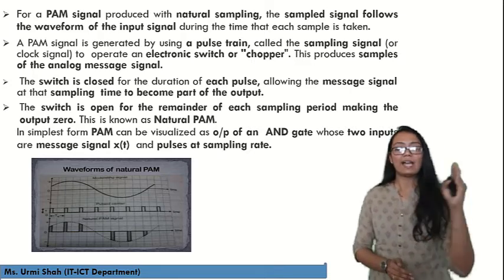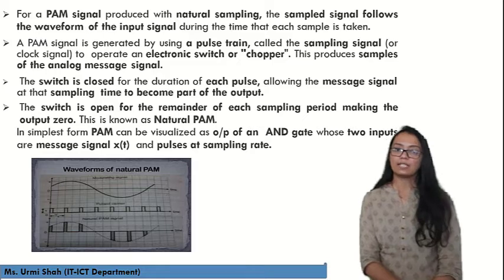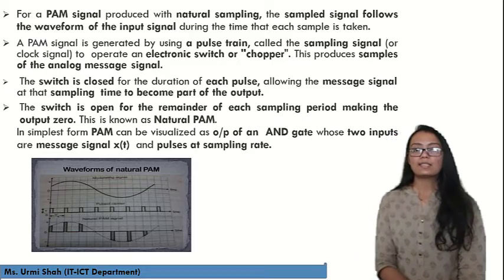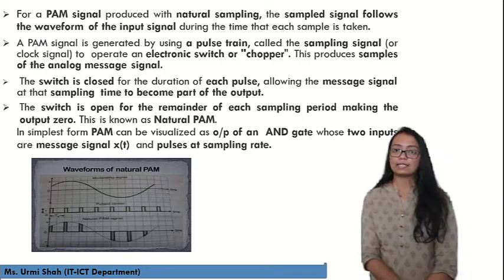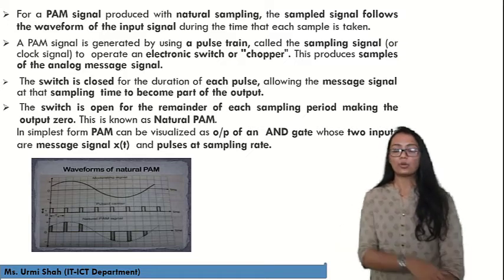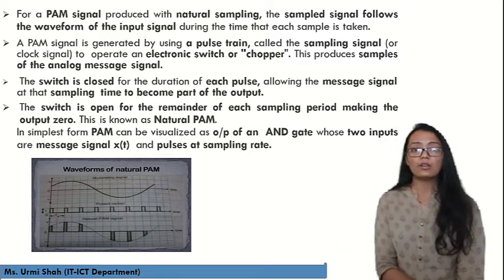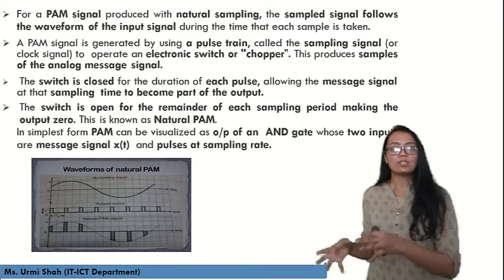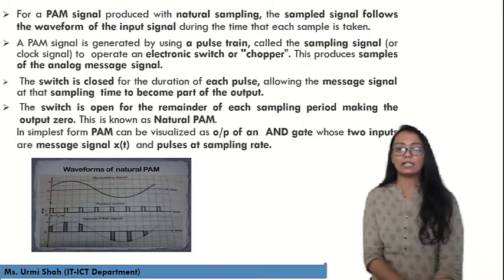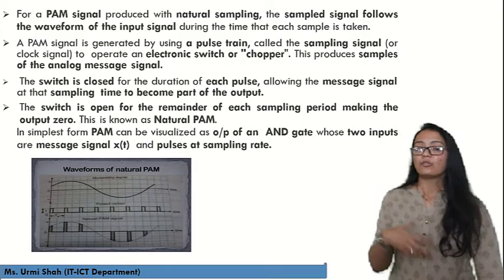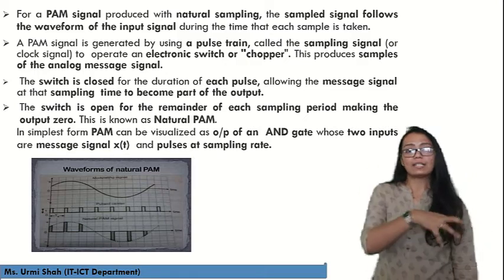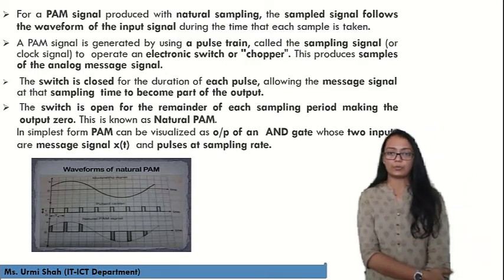The chopper circuitry will produce discrete samples of the analog message signal, and the switch is closed for the duration of each pulse, allowing the message signal through for the sampling time so that it can be a part of the output.